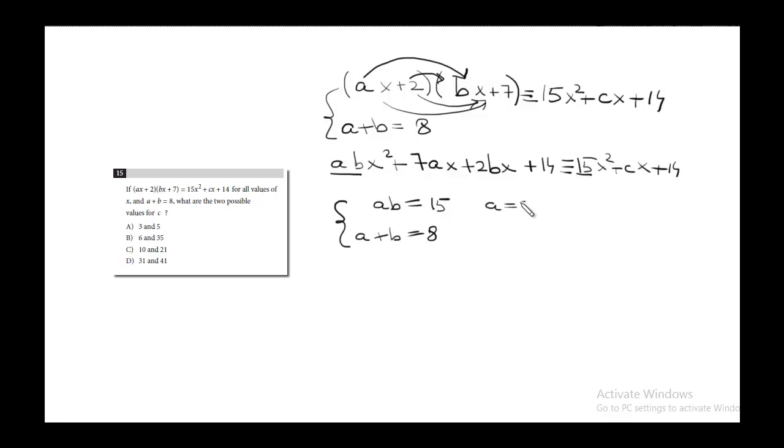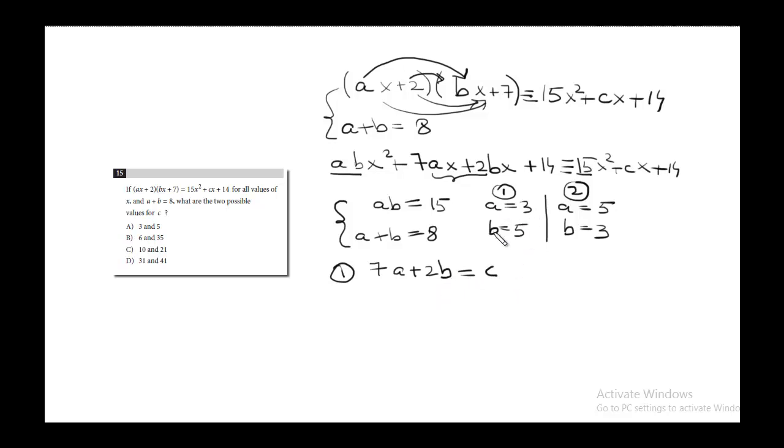So we have a is 3, b is 5, or another possible solution, the other way around, a is 5, b is 3. So this would be case 1, case 2. For the first case, we see on the left hand side the coefficient of x is 7a plus 2b, and on the right hand side the coefficient of x is c.